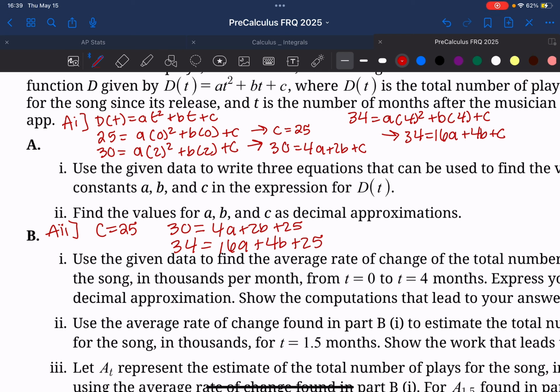We could graph these equations to find the intersection, and once we have the intersection, then we will get our decimal approximations for a and b. So a would give us negative 0.13, and b is going to give us 2.75.